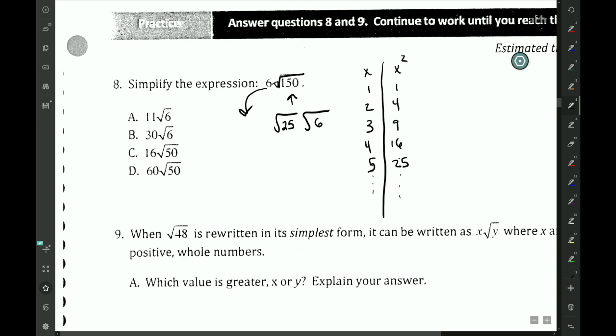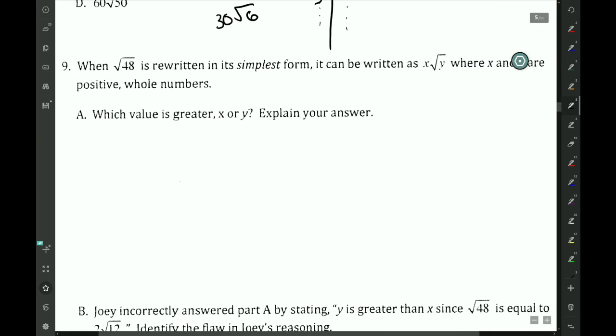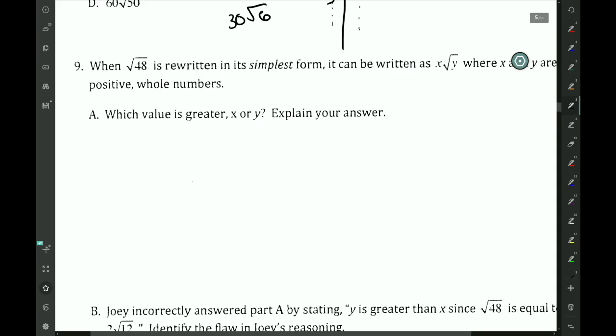You have a 6 out front, and here's how they'll get you. 25 just becomes 5 roots of 6, and most students will switch these two things up. But you are better than that. 6 times 5 then is 30 roots of 6. B, done.